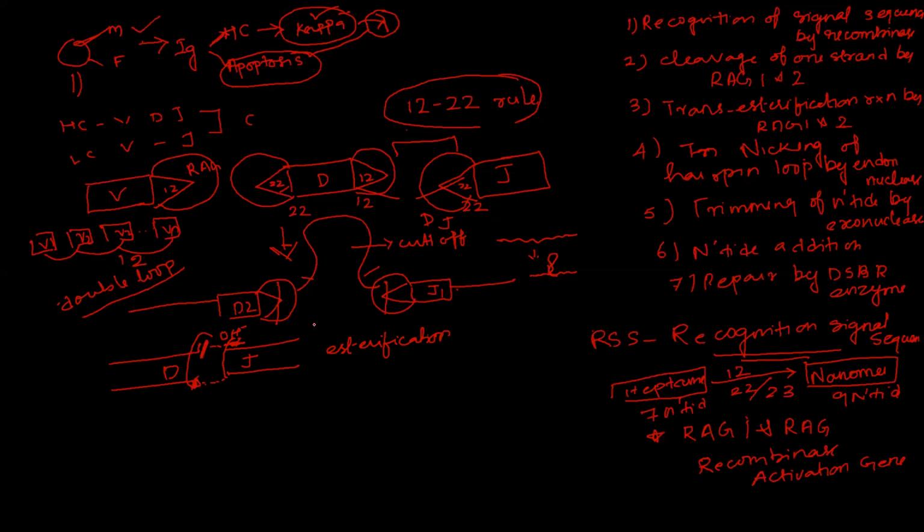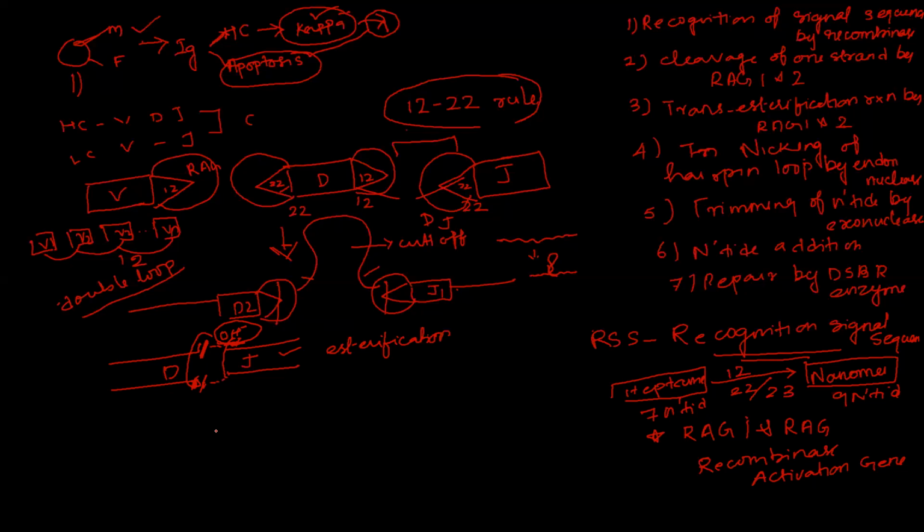Then it makes a nick in one of the strands of the DNA, which releases the hydroxyl group. Now this hydroxyl group goes and makes a nick in the other strand, which causes the esterification, and it nicks the opposite strand. Similarly, the same process happens in the J region.